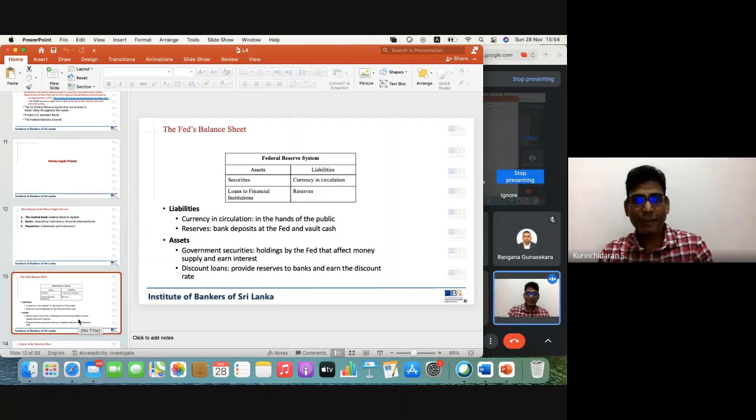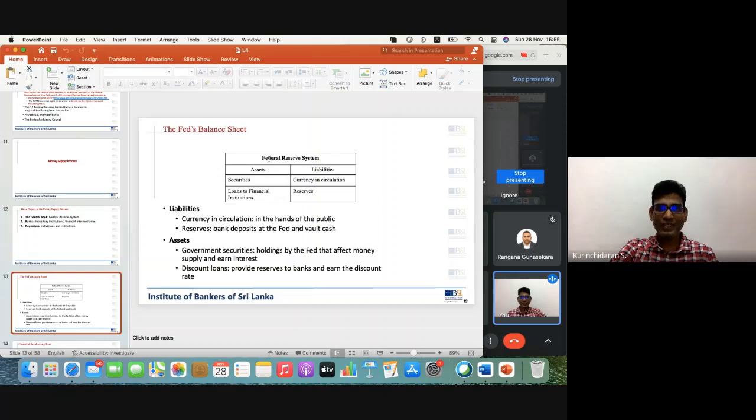Now let's see the central bank balance sheet. This is the Federal Reserve system, but you can assume it as the Central Bank of Sri Lanka. This is very key, the base for any understanding.